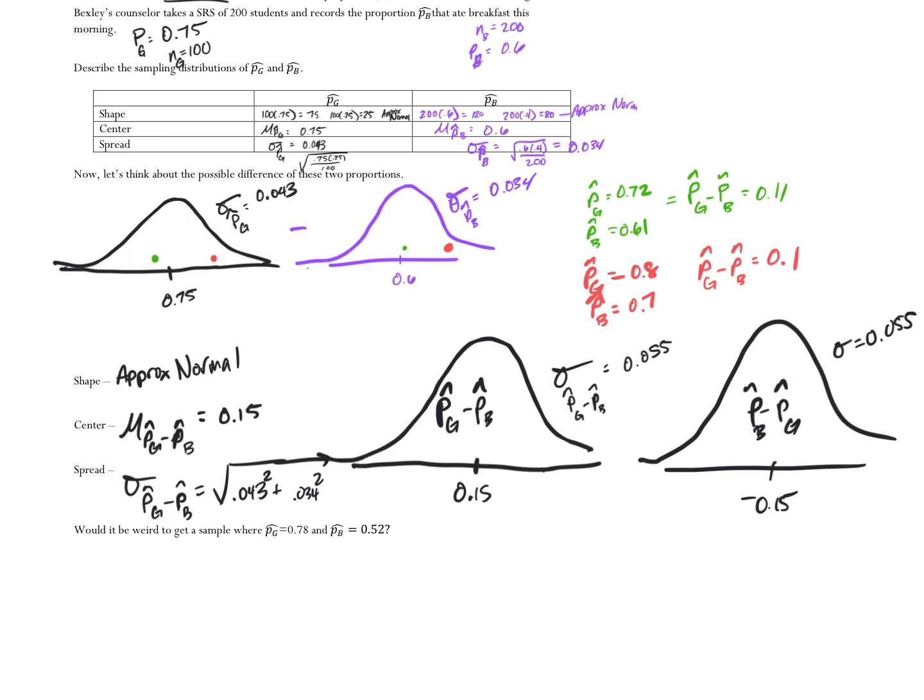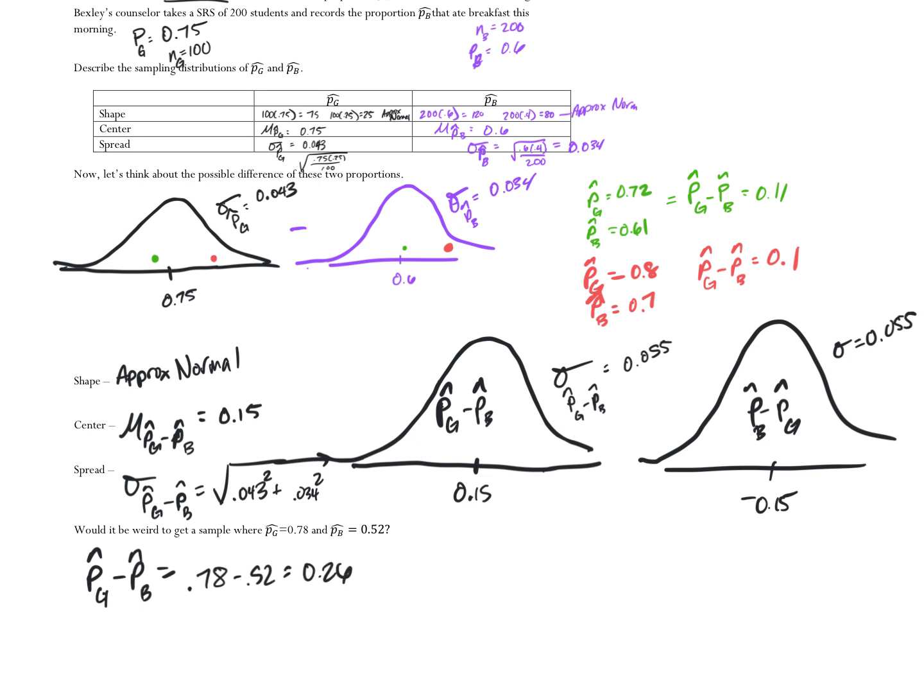Great. So now if I say, would it be weird to get a sample where p hat Grandview was 0.78 and p hat Bexley was 0.52? What would be the value of p hat G minus p hat B in this scenario? It would be 0.78 minus 0.52, which is 0.26, yeah?